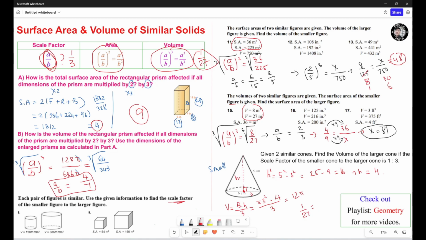The smaller one on the top, the bigger one on the bottom, because 1/27, you see. So the smaller one right here, you have 12 pi. And then the bigger one should be S right here. Alright, so you just cross multiply. So S equal 27 times 12 pi, which is 324 pi. And that is the answer.